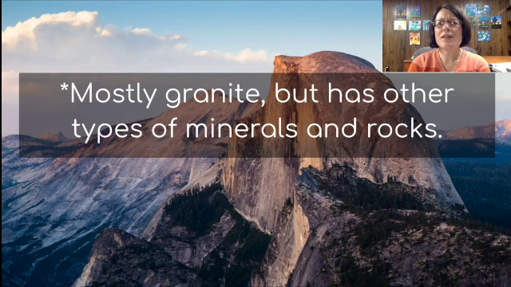The continental crust is mostly granite, but it also has other types of minerals and rocks in it, as we can see because we have looked at many examples of rocks in lab previous to this chapter. But remember, granite tends to be lighter in color. It tends to be less dense.